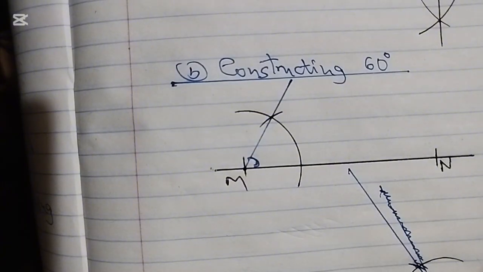After getting 30 degrees, and you are even maybe asked to construct 15 degrees, you bisect your 30 degree angle into 2 to get 15. When you have 15 degrees and you are maybe asked to get 7.5 degrees, you again bisect that 15 degrees into 2 to get 7.5.